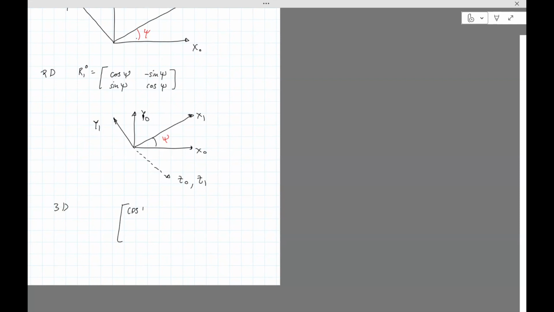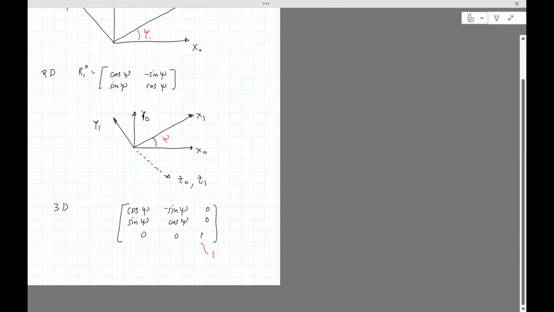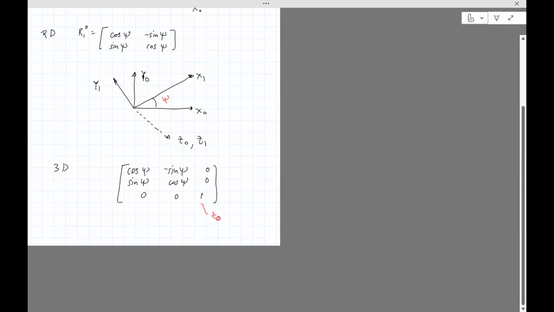Cosine psi, minus sine psi, 0; sine psi, cosine psi, 0; 0, 0, 1. That 1 indicates that the z-axis is unaffected. z0 is the same as z1.